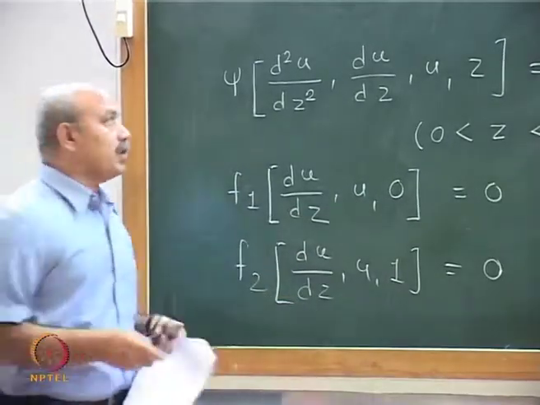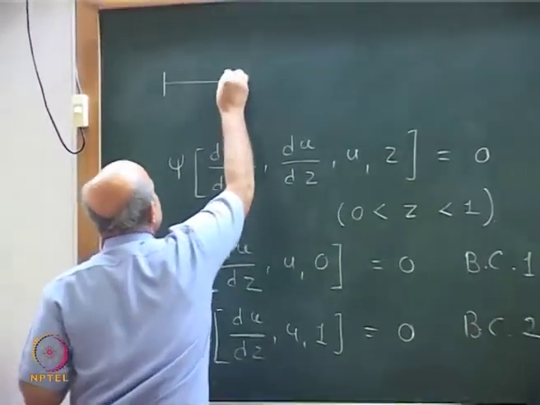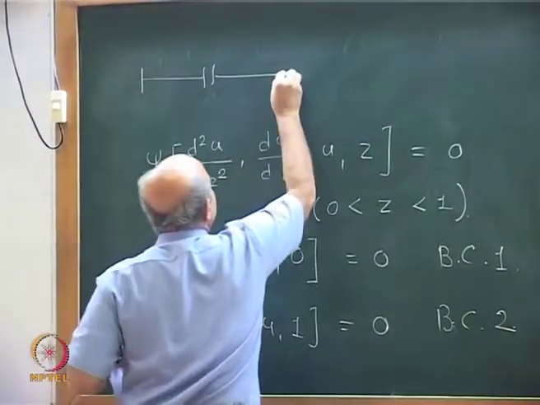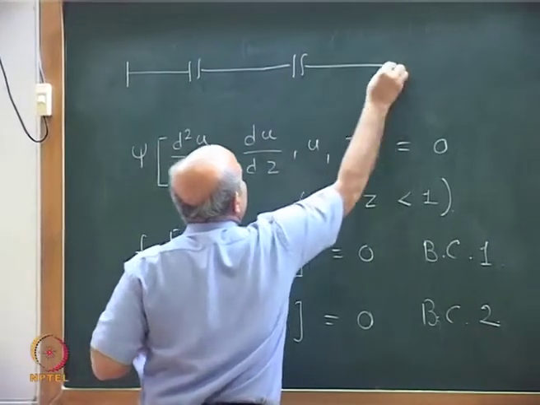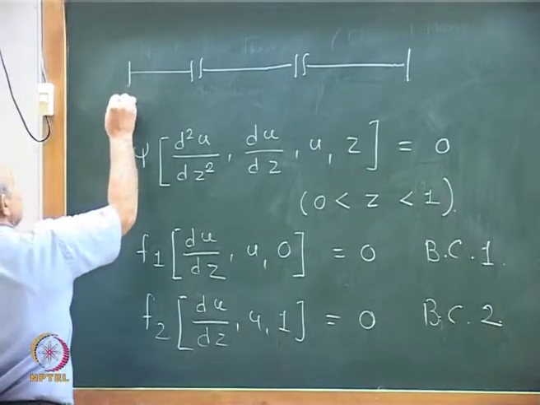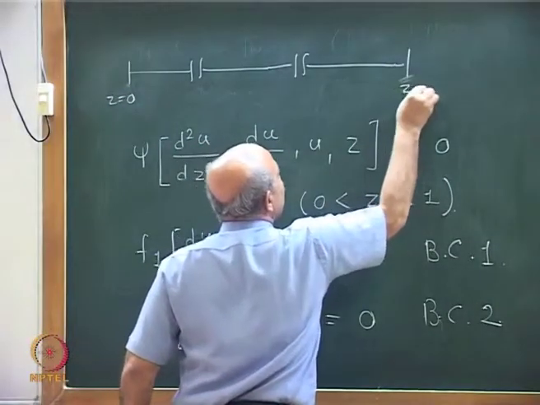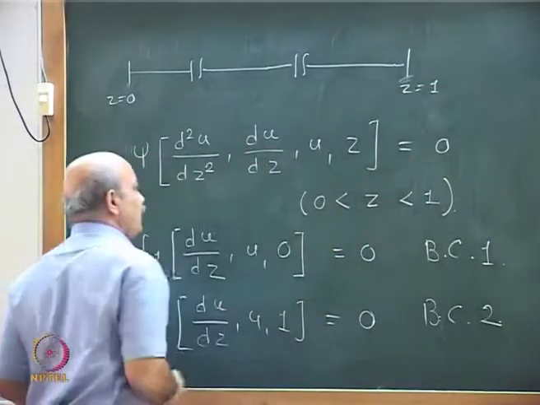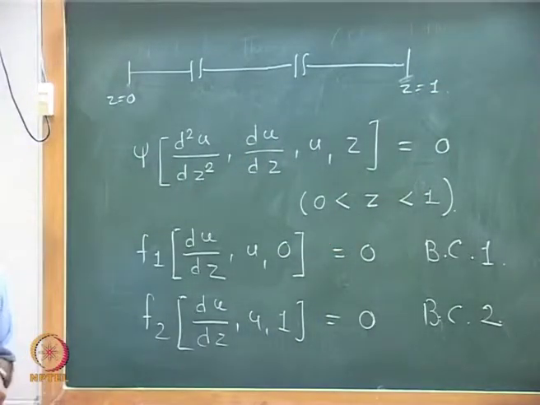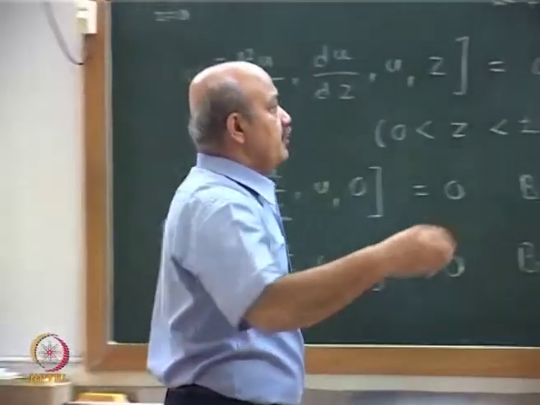Okay, so if I draw this on the domain, we have this domain here, and we have already set the convention of naming. This is z equal to 0 to z equal to 1. And then we have a solution, an interpolating polynomial solution, which we have assumed.